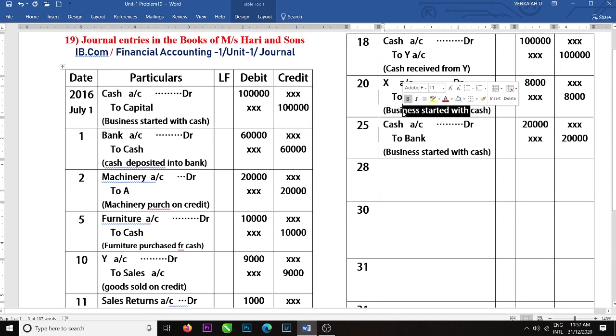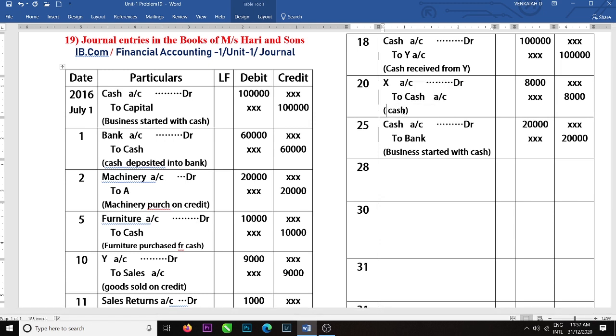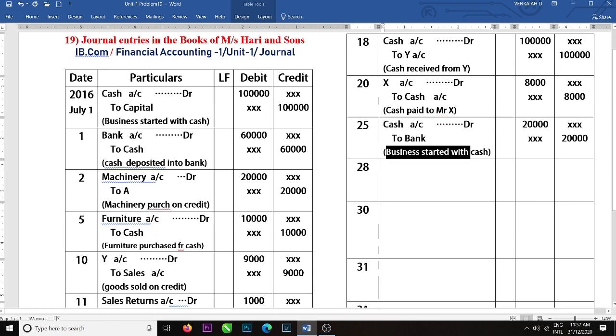Narration is: cash withdrawn from bank. If it is mentioned cash withdrawn from bank for office use, it is the same entry, because cash is withdrawn from bank and brought into the business.